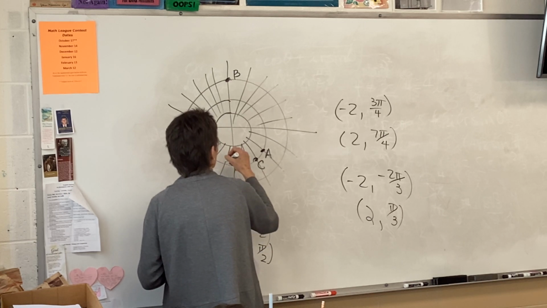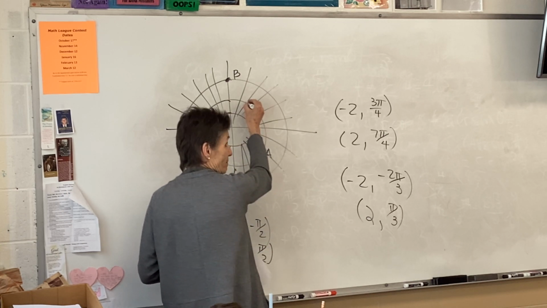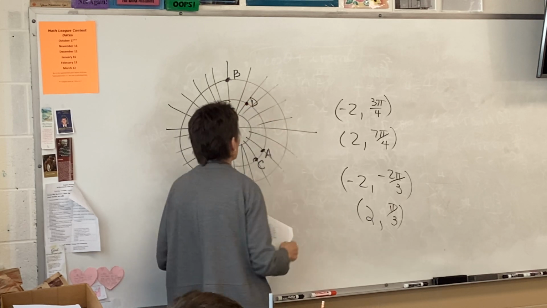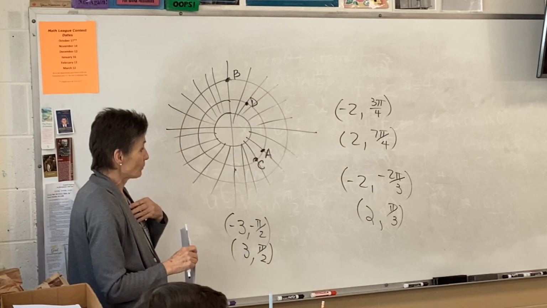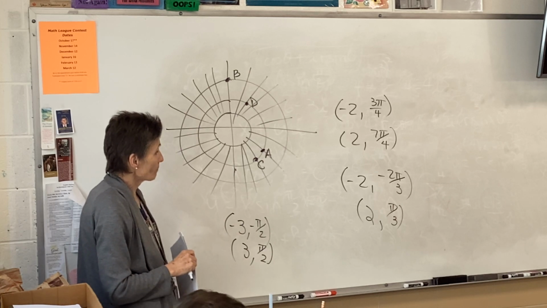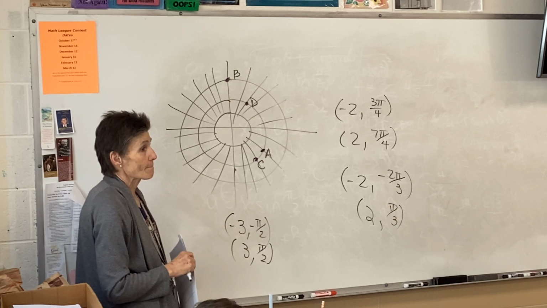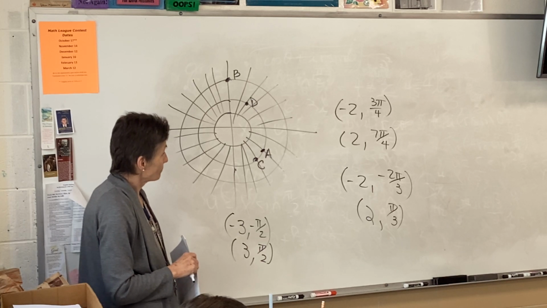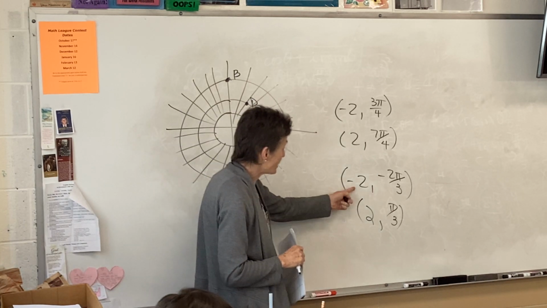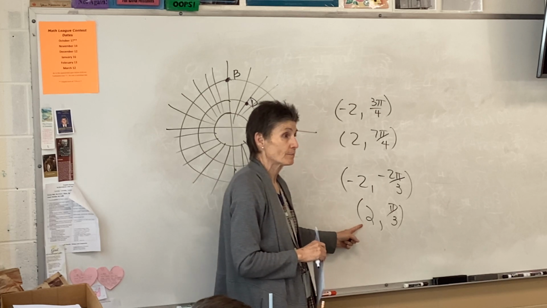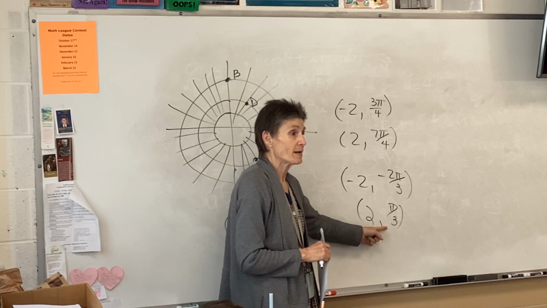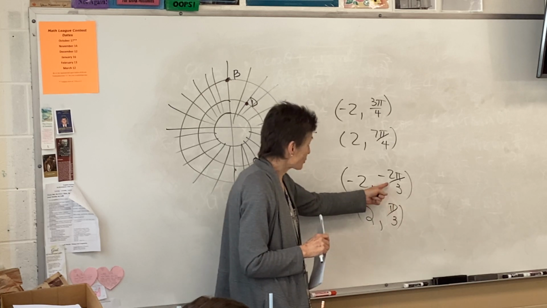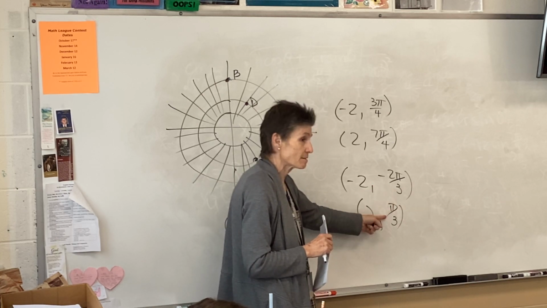That one's going in quadrant 1, on the, for me, the pi over 3 angle. Remember when I change the sign on r, my angle changes by 180 degrees, or by pi? So what happens if I add pi to this?